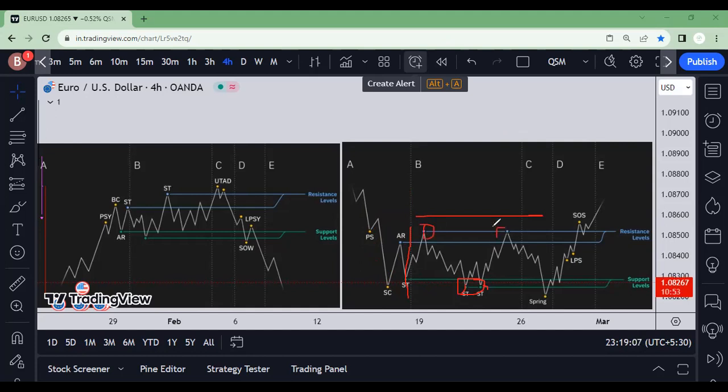Here also testing is taking place, and based on the testing violation, we are drawing extended lines. We are also considering this one. So the actual spring which is taking place in phase D is not the spring of the secondary test. It is of the selling climax and the corresponding secondary test.